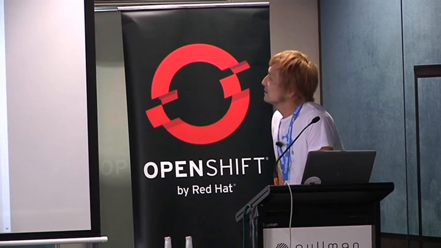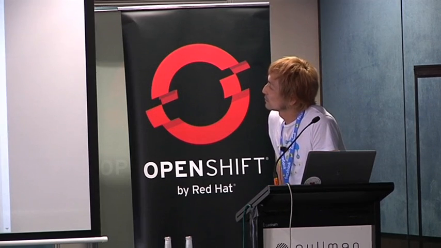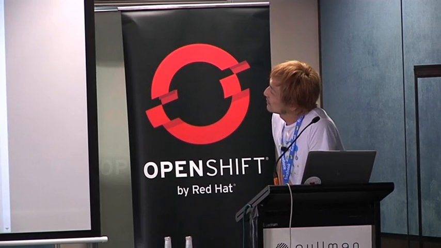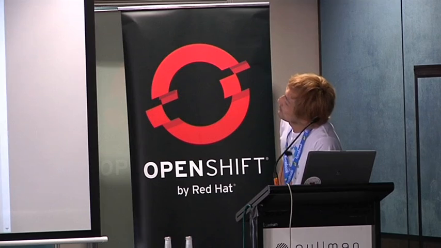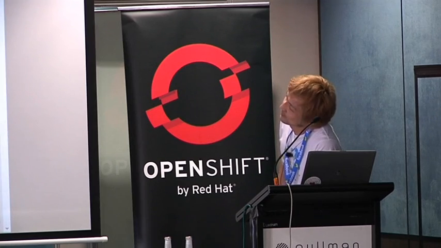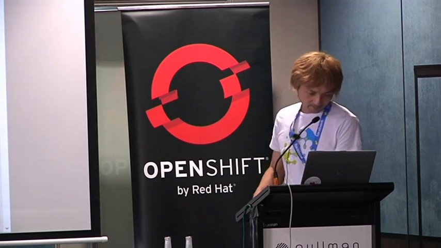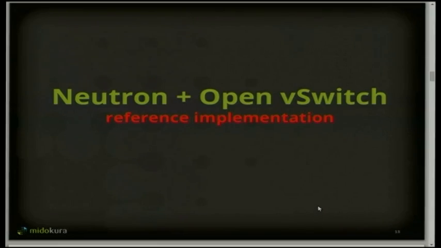More specifically, Neutron consists of a northbound API and a bunch of software-defined networking vendor plugins, including MidoNet. So let's look at the reference implementation that Neutron provides. It consists of Neutron together with Open vSwitch, also known as OVS.